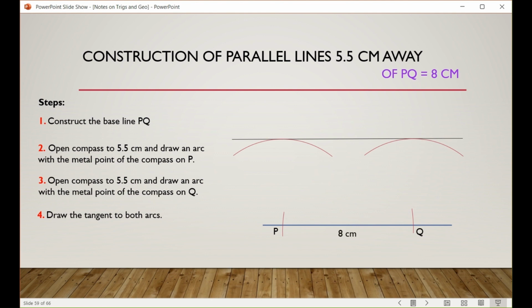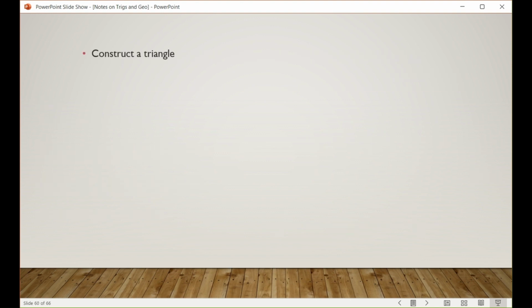So we line up our ruler and draw a line straight across, and that distance away is 5.5 centimeters. So we've constructed parallel lines, and this will be helpful for us if we have to make a rectangle or parallelogram, where the opposite sides are in the same direction, meaning they're parallel. And this is the skill that we require.